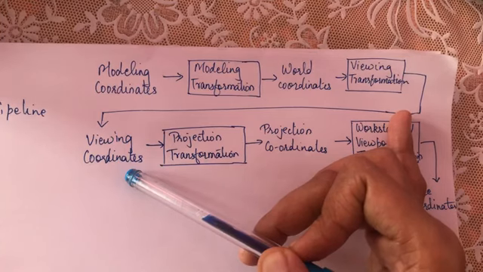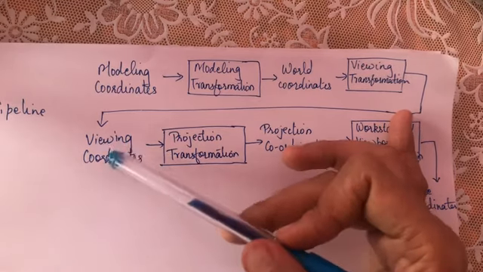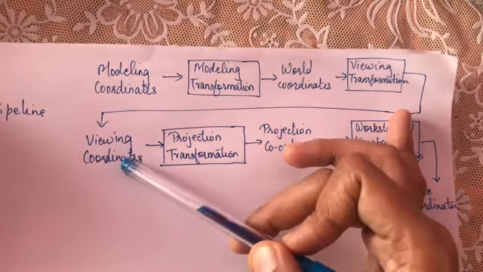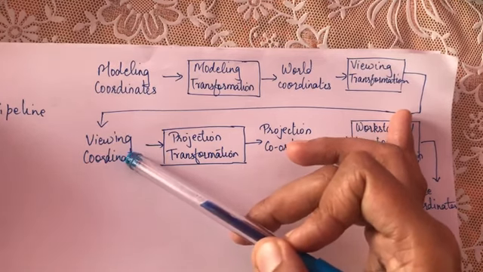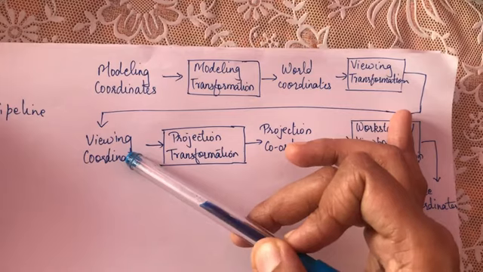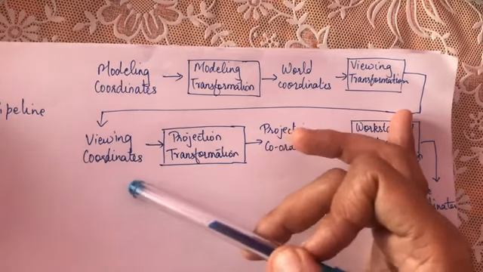How your size or length is in your world coordinates, and how it is scaled up or down inside the camera, is completely different. So the camera decides the viewing coordinates of the picture that it takes. You can also call it the camera coordinates or the camera window coordinates.